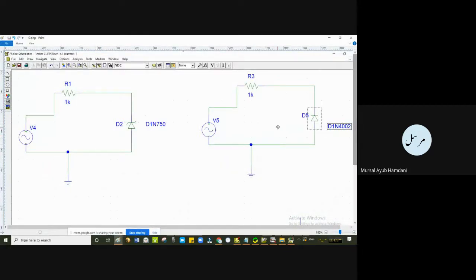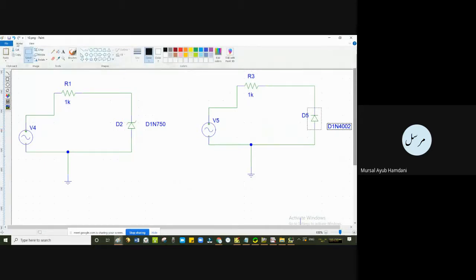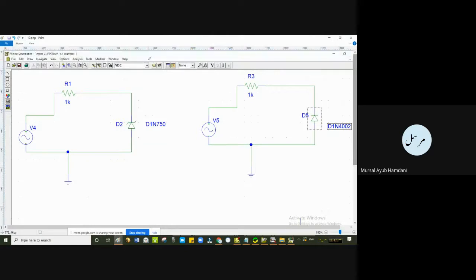This is the right hand side. There is only one positive, negative, reverse biased, isn't it? So in the reverse bias, what will it be? It will be open circuit.